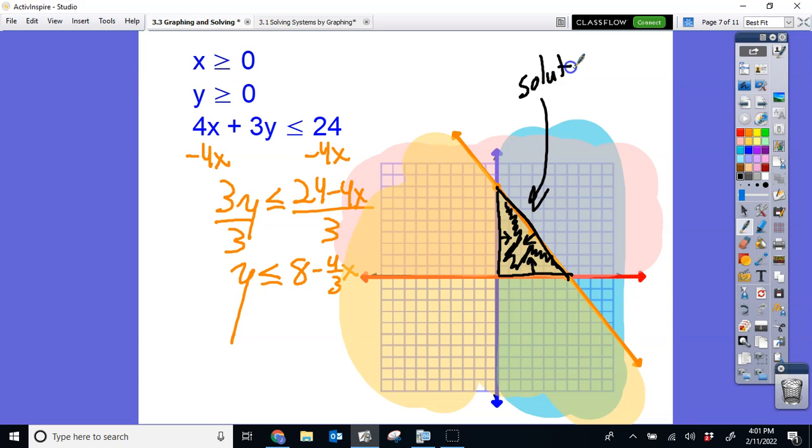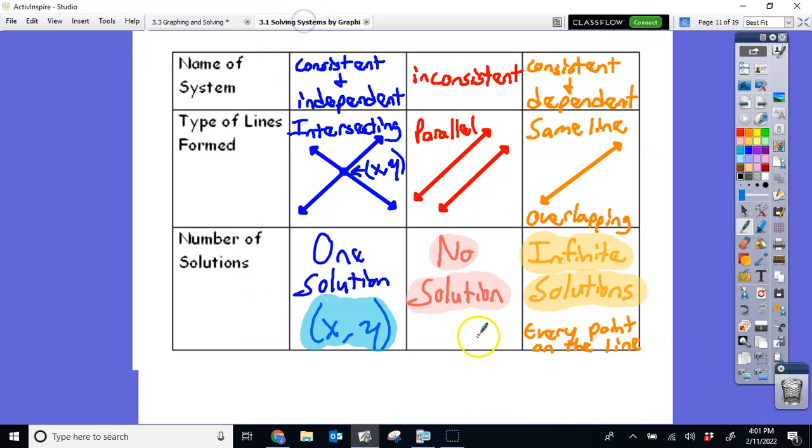So that means if you want to find the solutions that work for all of these inequalities, keyword all of the inequalities, you have to find the solutions that work for all of them by shading. It's not quite as simple as the equations where you just look where they touch, or if they don't touch, or if they're the same line.